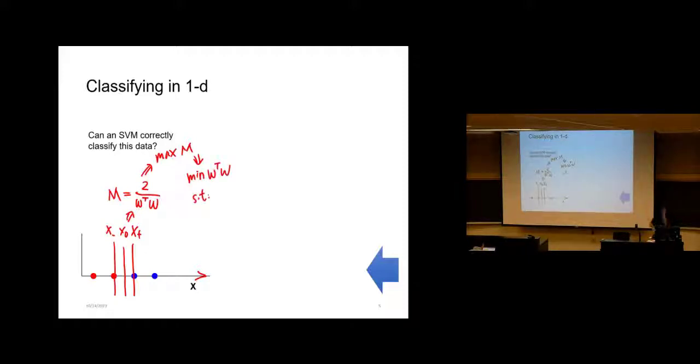Then, subject to classifying all the samples correctly. This side is -1, this side is +1. If you still remember, for all the points in the training data, I want my yi, which is the true label, times W transpose xi plus b, to be larger than or equal to 1.